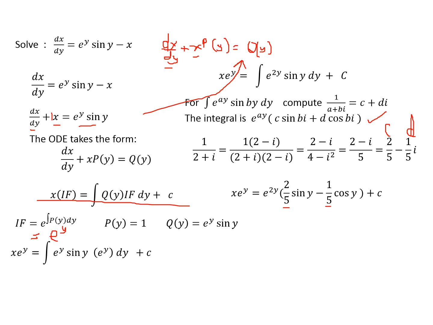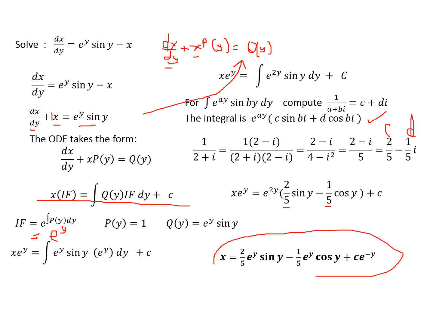So you have the equation x e to the y equals e to the 2y times 2/5 sine y minus 1/5 cosine y, plus c. Dividing by e to the y, you will have the final solution: 2/5 e to the y sine y minus 1/5 e to the y cosine y plus c e to the minus y. This will be your general solution.